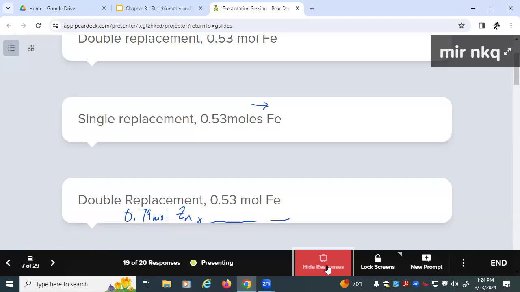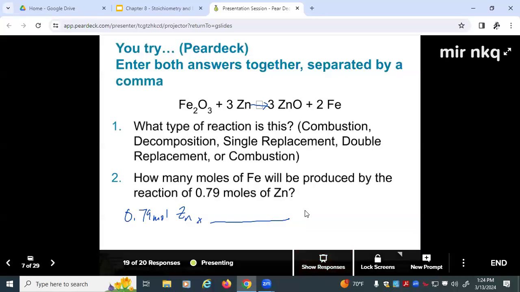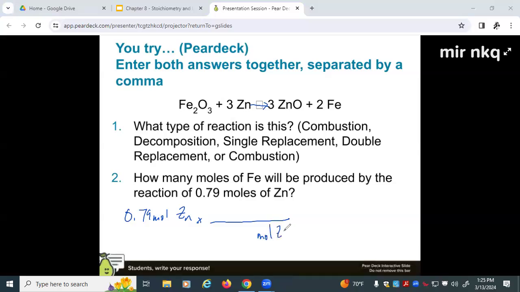Now for the second part. For the second part, most of you are going in the right direction. Some of you need a little bit of guidance. That's okay. We had to have moles of zinc in the bottom here, so it canceled. We had to have moles of iron in here so that we got the conversion. Where do the numbers come from?